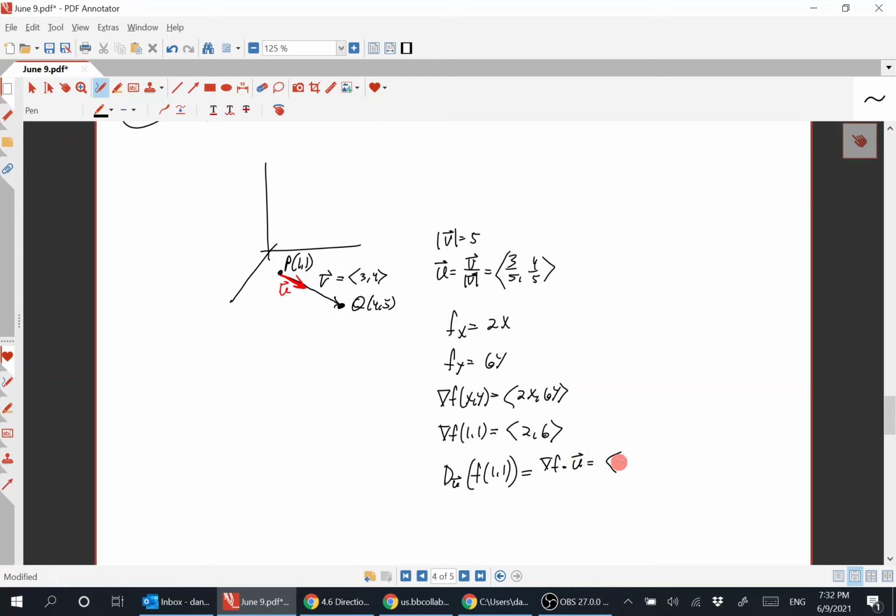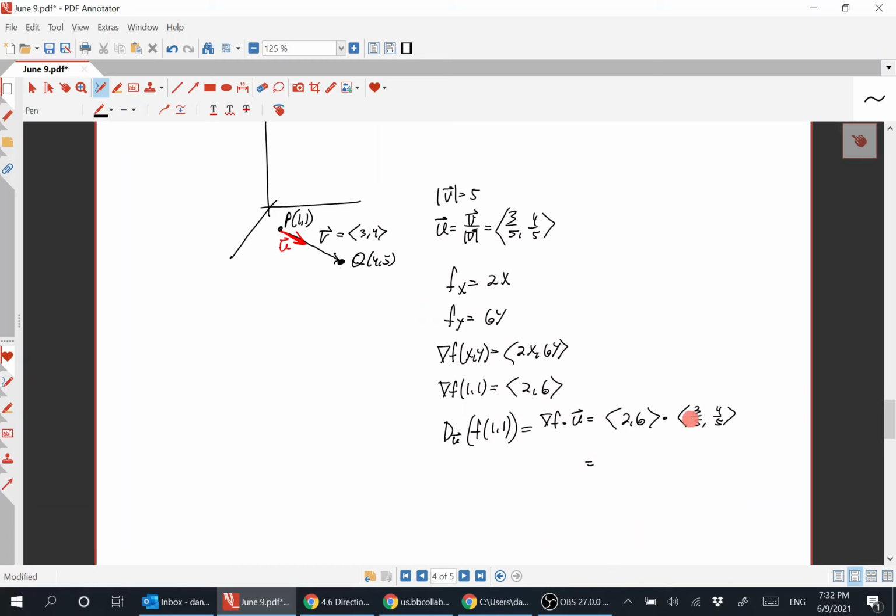So that is equal to 2, 6 dot 3/5, 4/5. So 6 plus 24, so 30 over 5 is 6. So the slope is 6 for the function in that direction.